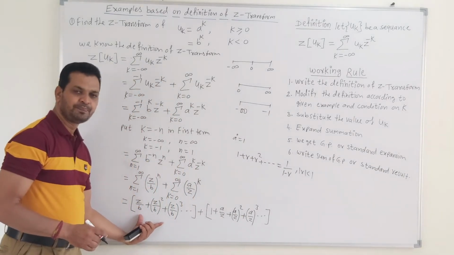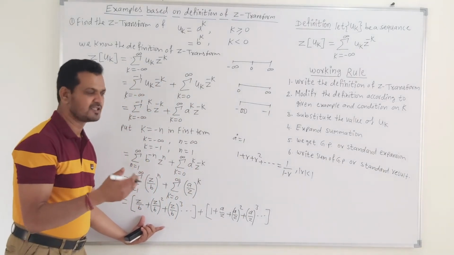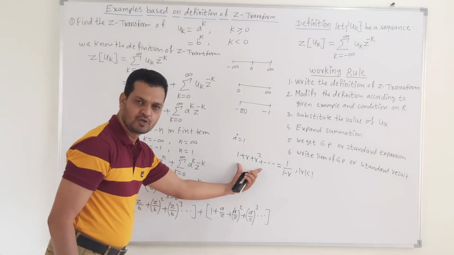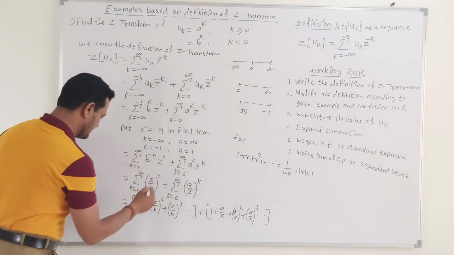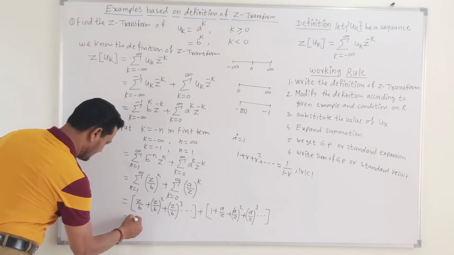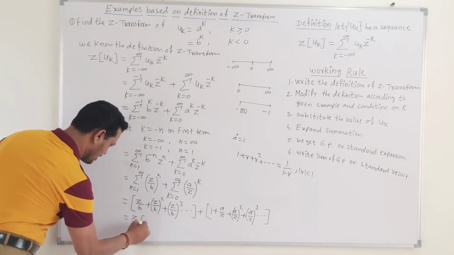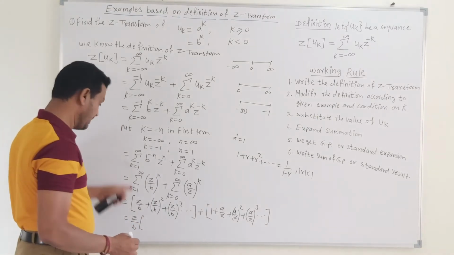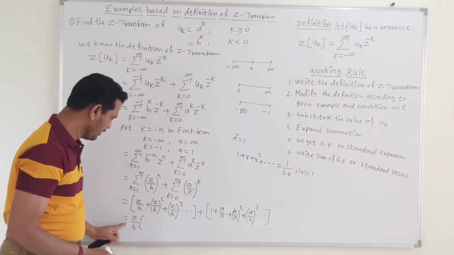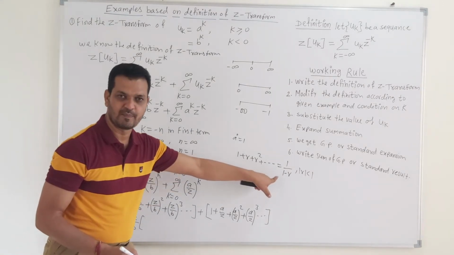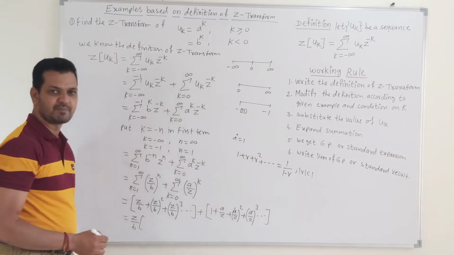So to get the geometric progression, we take z upon b common, so that we get such a type of geometric progression.